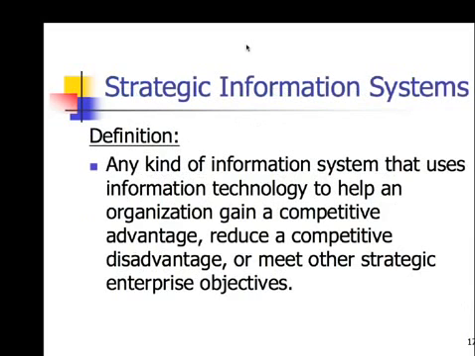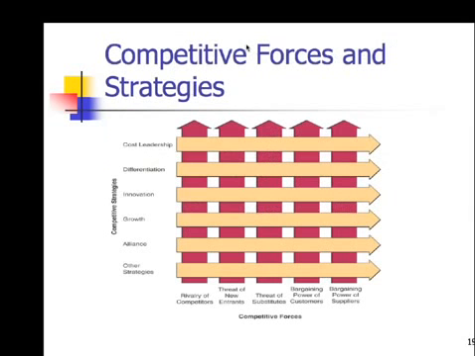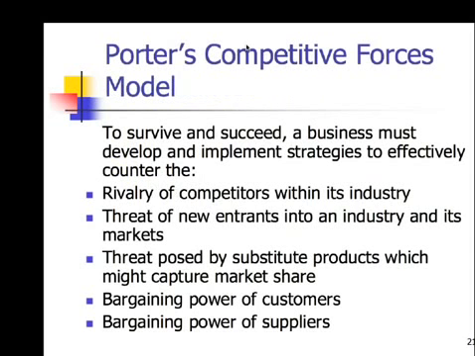I started talking about the definition of information system, definition of information technology, the mission, competitive strategies, and then I started talking about the competitive forces and strategies, things that are working against each other in terms of a few of the different characteristics. Competitive forces, looking at competition, briefly mentioned Porter's competitive forces model.